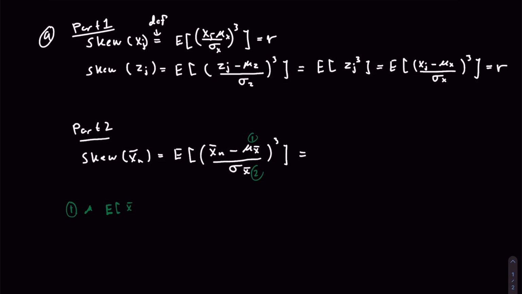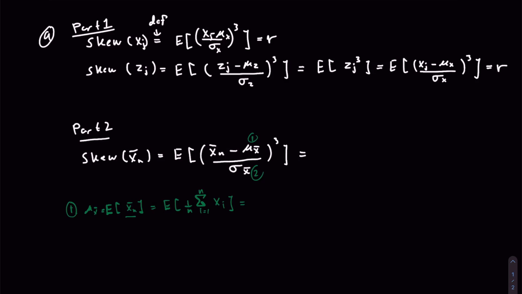So mu of xn is the expectation over this variable, and by definition that inner term here is the sample mean, which is the sum from i=1 up to n of all the xi's, right?